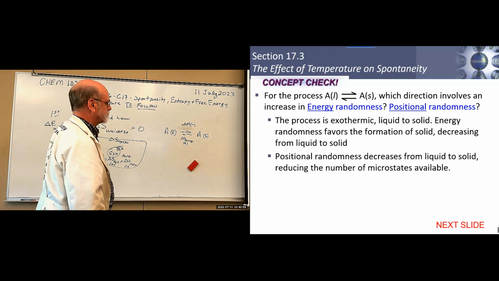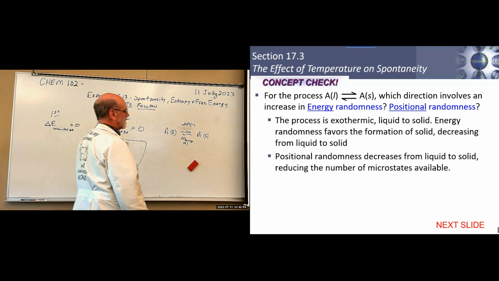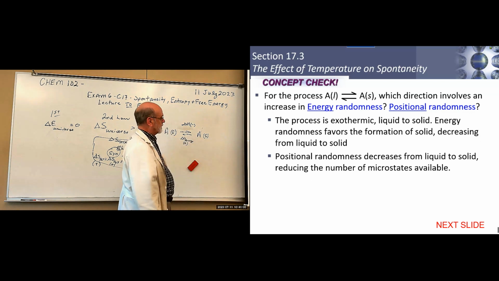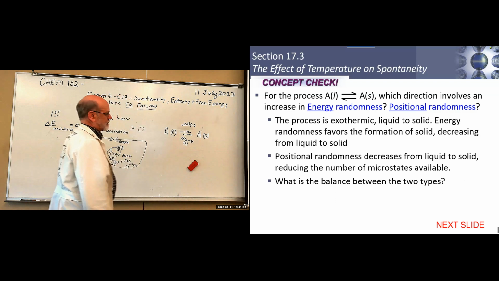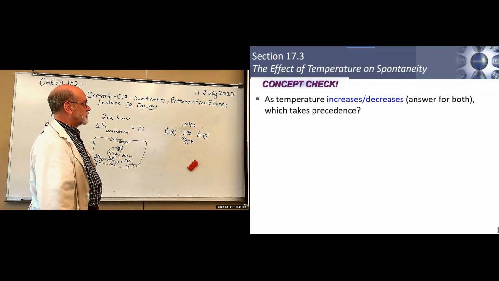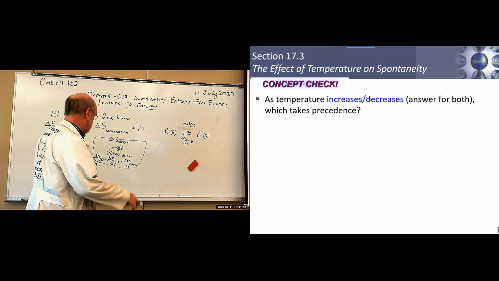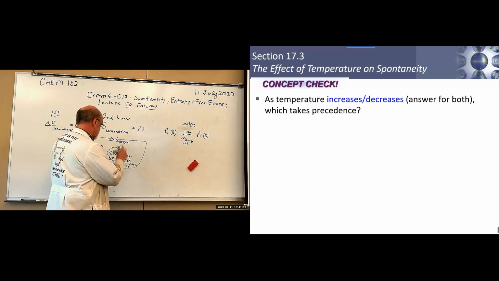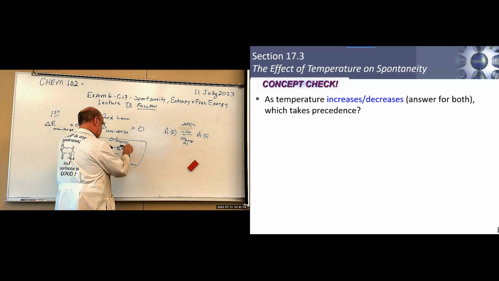Whereas positional entropy would reduce the number of microstates to the right and would be less favored. So the balance between the two types is what you're interested in, and we can't know that unless we know the absolute values for each one.